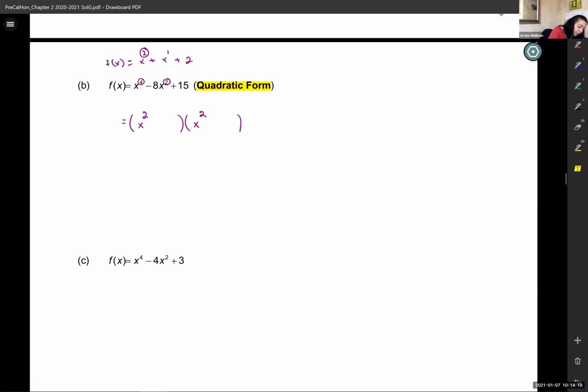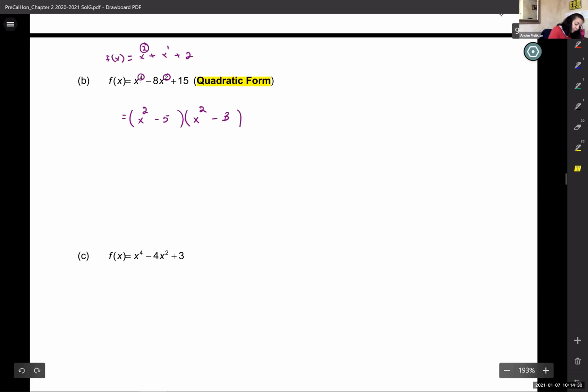Okay, so now 15 and -8, it's going to be -5 and -3. Set it equal to 0. So now we can say x squared minus 5 equals 0. x squared minus 3 equals 0.